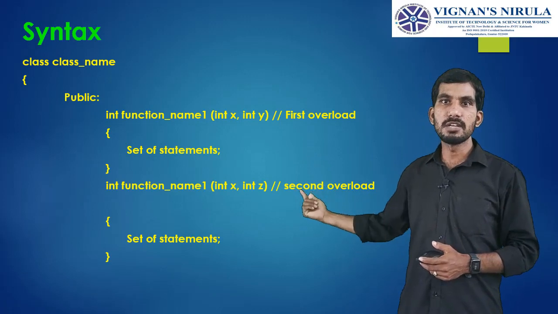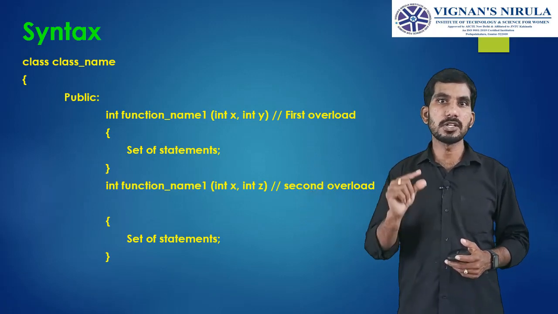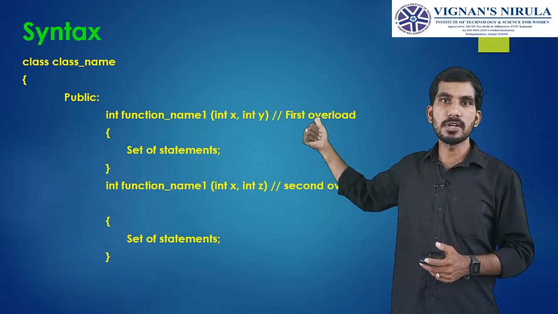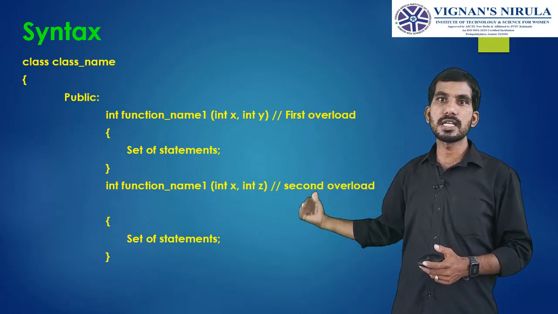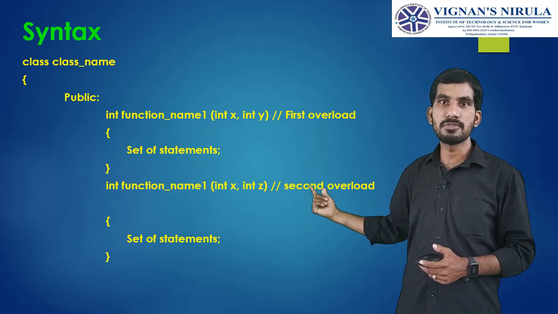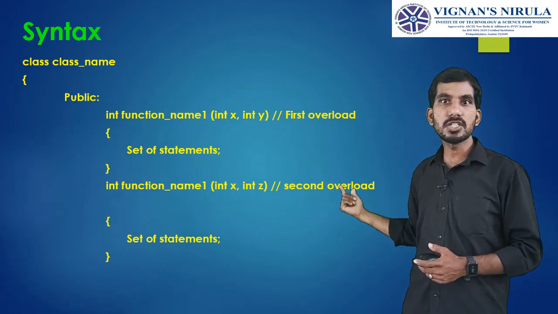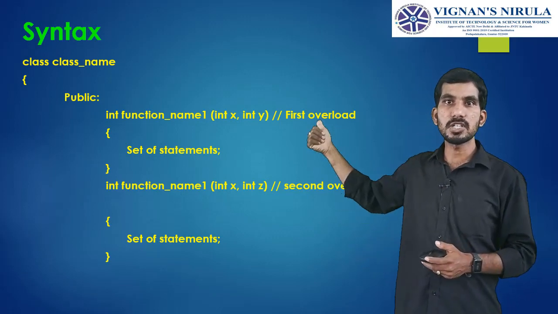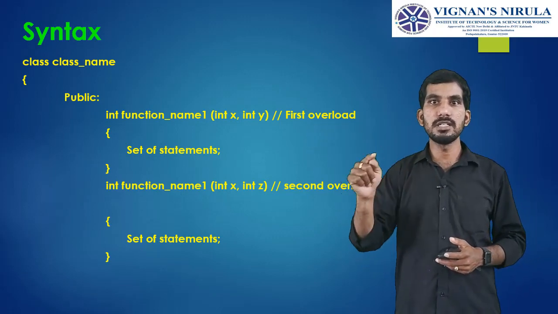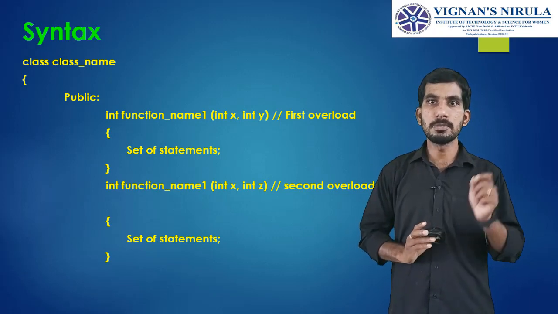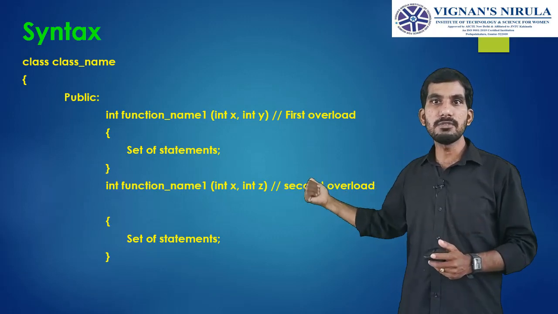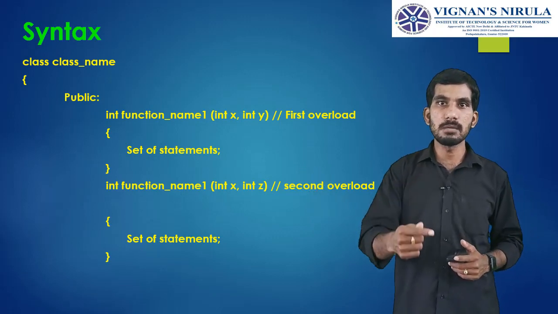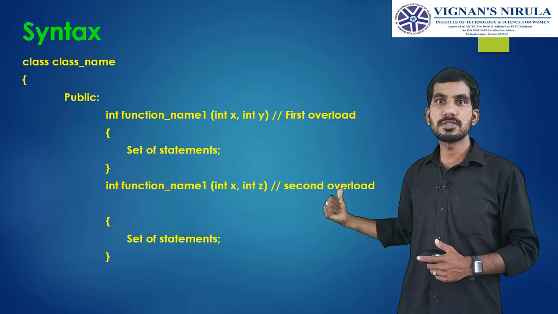Then I am defining one more function, and that function has the same name as the previous function. First function name is function1 and the second one is also function1, but with different parameters. For example, function1 has integer a, integer b as parameters. In the second function we are passing integer a, integer b, integer c.